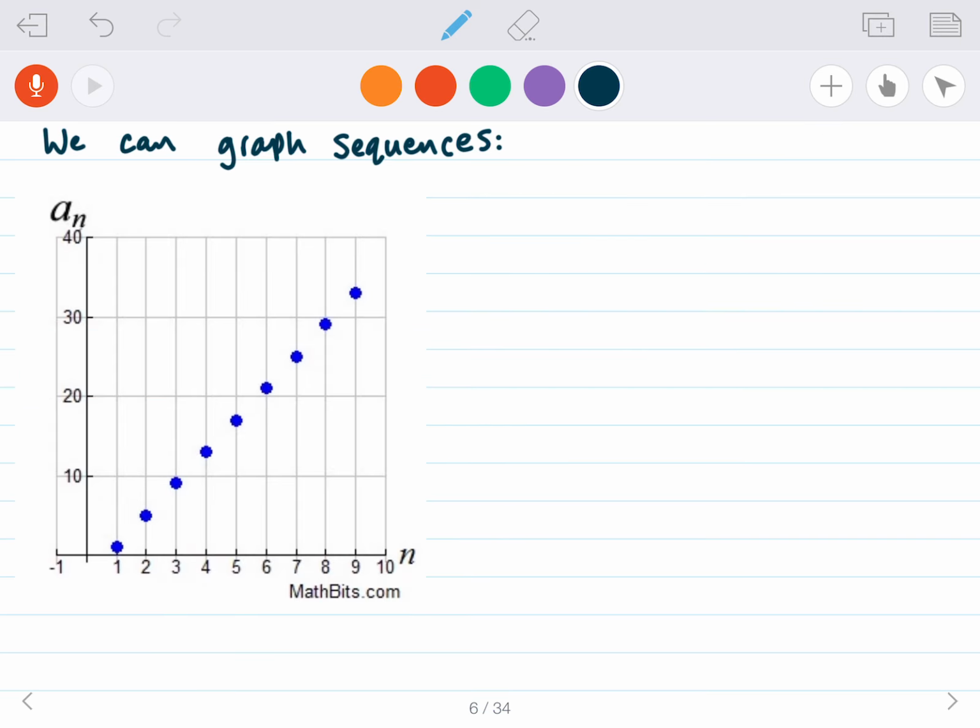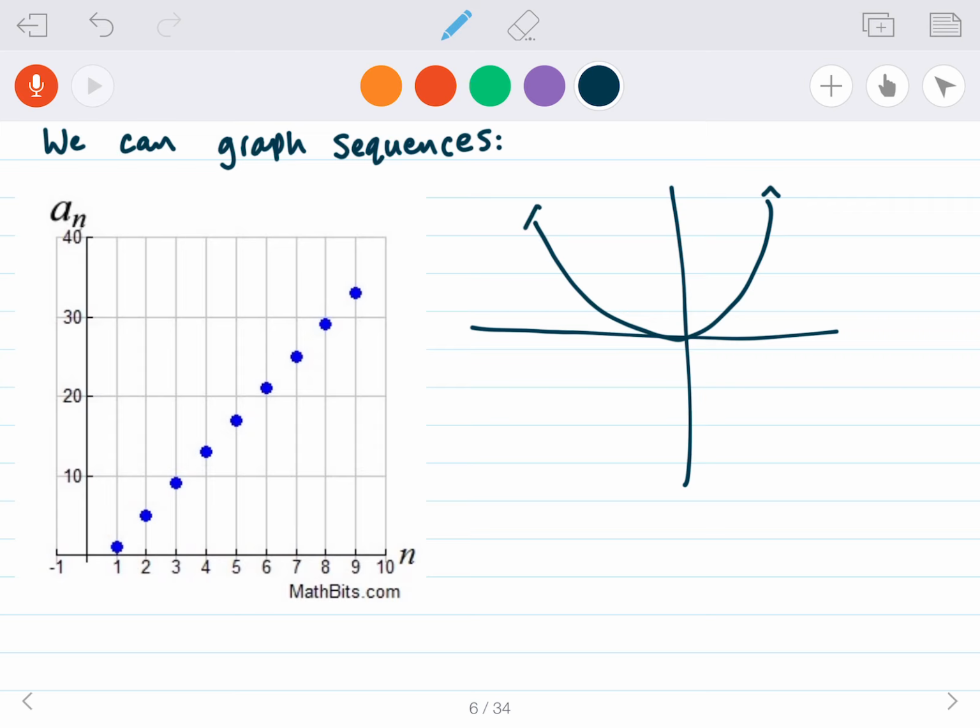Okay? Another thing with sequences is, it's not a continuous function because our inputs are discrete, which means we don't have a continuous line like in algebra when you graph y equals x squared.